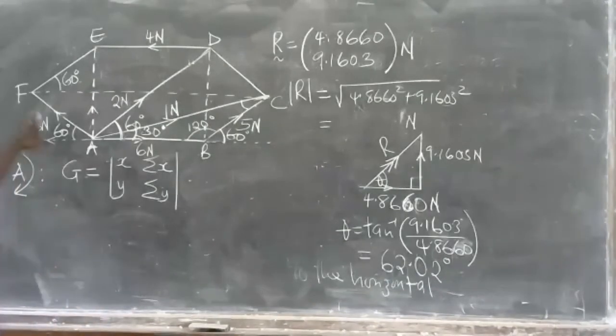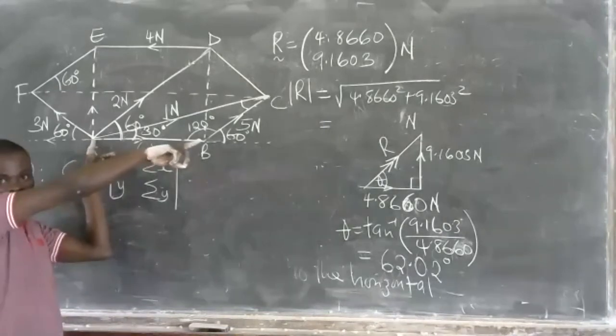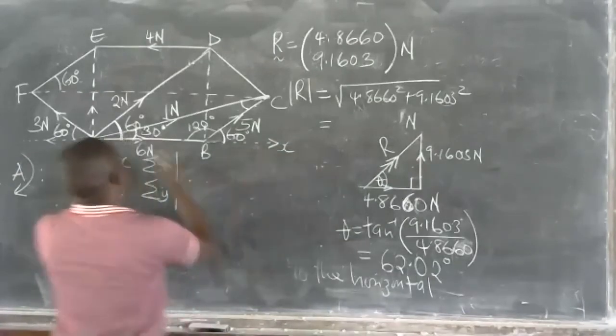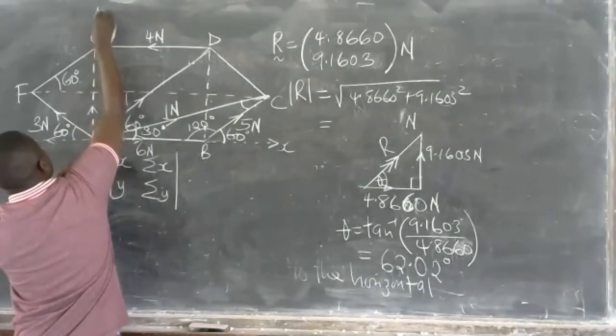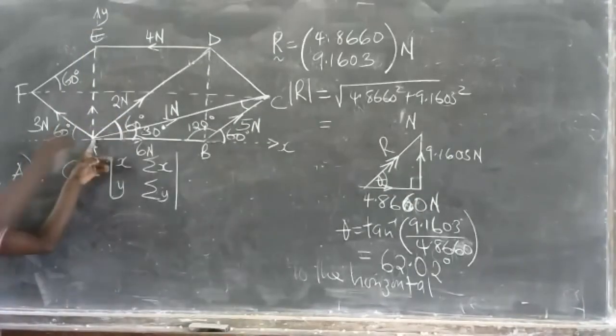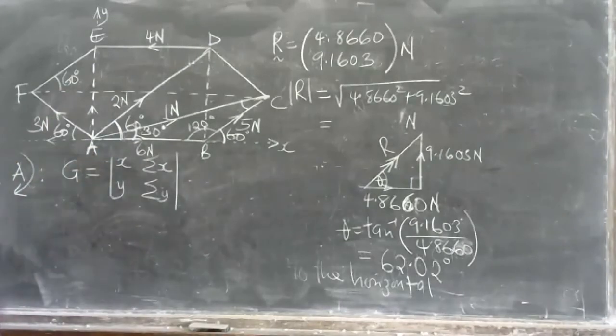So we take moments about point A because that's where we want to measure, isn't it? Now, in case you get a distance which is positive, you move that sign to the positive direction of the x-axis. In case you get a distance which is negative, then you take the opposite side to the origin.